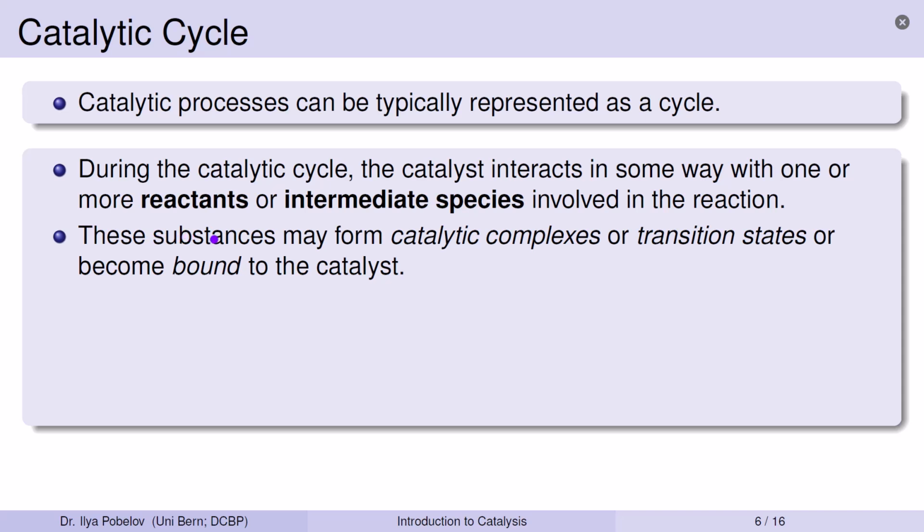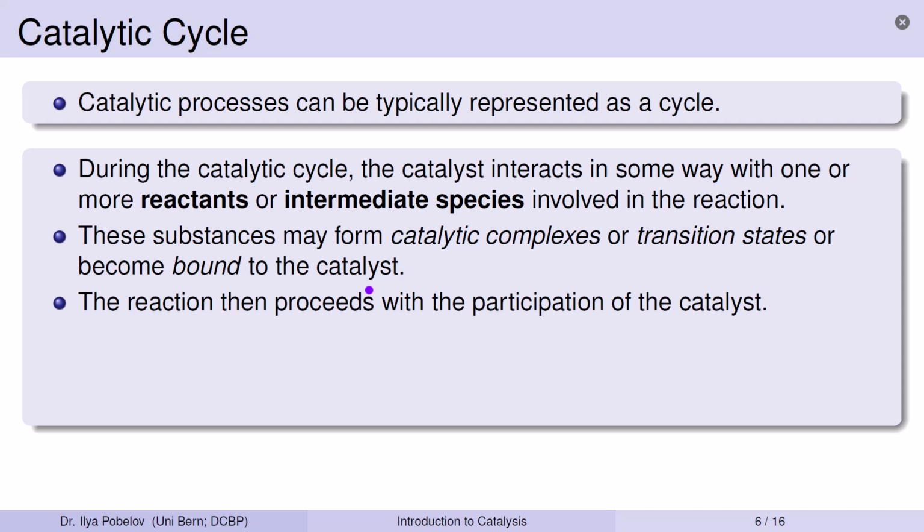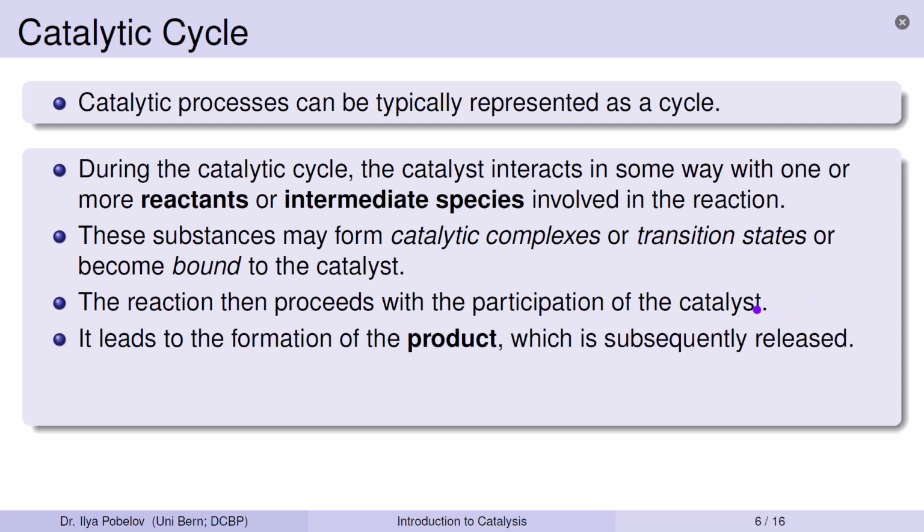These substances may form catalytic complexes or transition states or become bound to the catalyst by some means. The reaction then proceeds with the participation of the catalyst. It leads to the formation of the product, which is subsequently released.